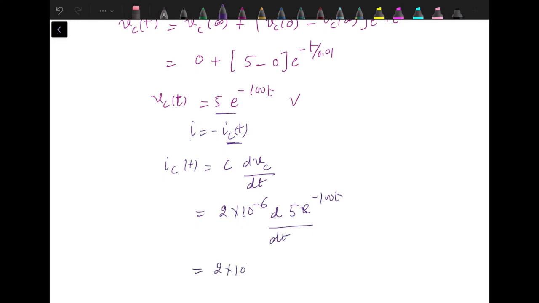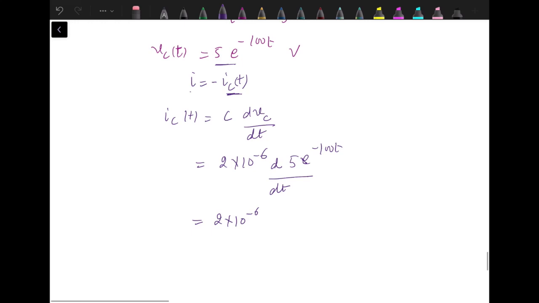So differentiation of this will give us the value of this current as 5 into minus 100 into e raised to a minus 100t. So when we find it out, then it comes minus 10 raised to a minus 3 into e raised to a minus 100t.